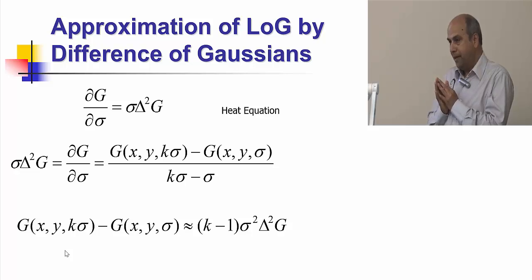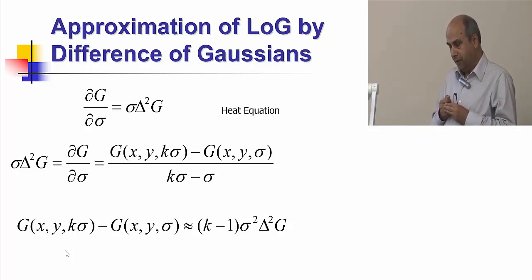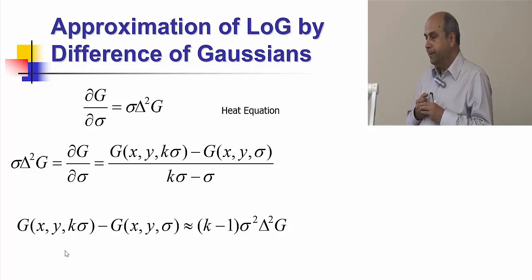Subtract them, and that is the same as the Laplacian of Gaussian. Which is very interesting, and really helps us do this very efficiently. And that's why in SIFT we are going to do, in a way, Laplacian of Gaussian, but using difference of Gaussian.